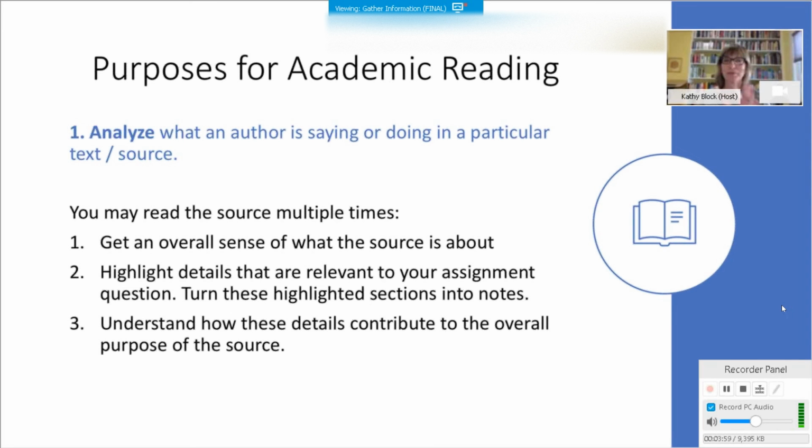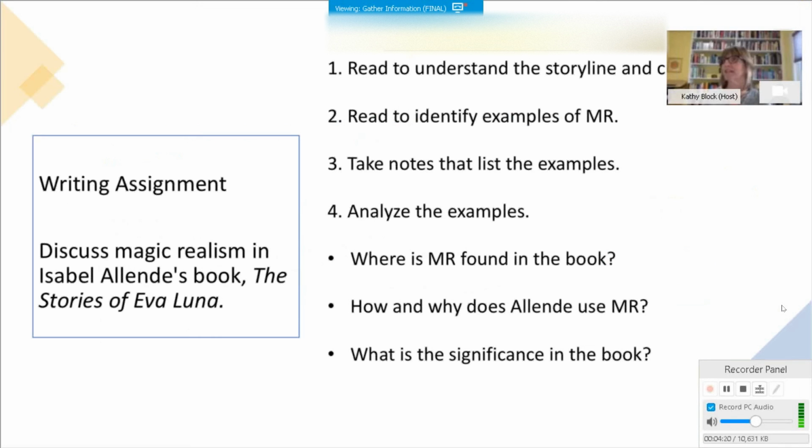Just maybe think about how the example or the specific points that you highlighted contribute back to the overall meaning of the work. This ensures that you can describe the relevant details, but you can go farther. You can explain how the details contribute to larger meanings. How are they significant?